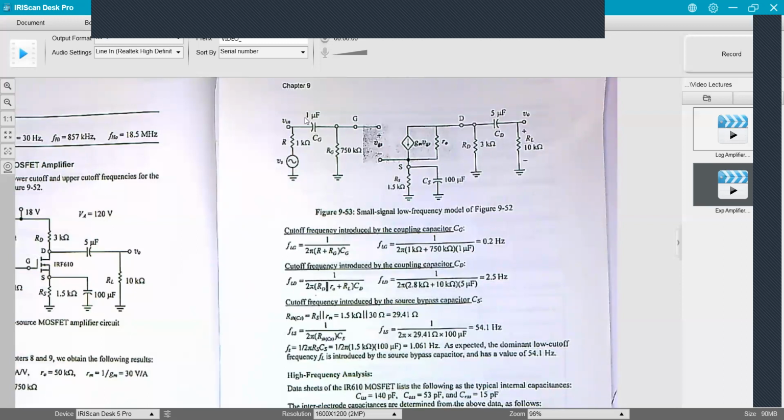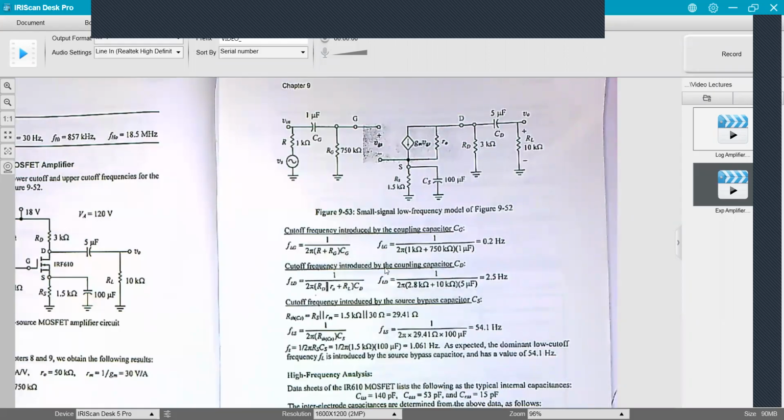There's no conducting path here. And so plugging in the numbers, we get a pole associated with this capacitor of 0.2 hertz. That's about as close to 0 as you're going to get.